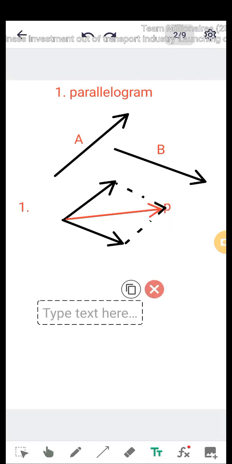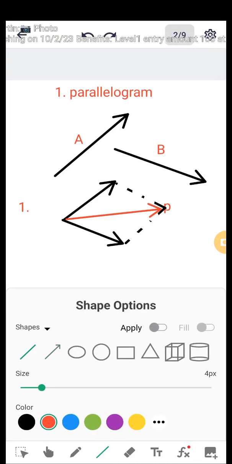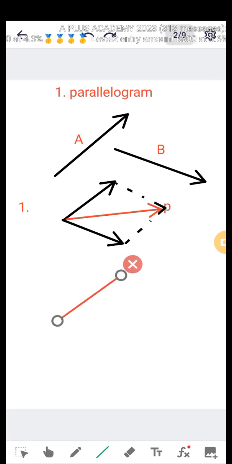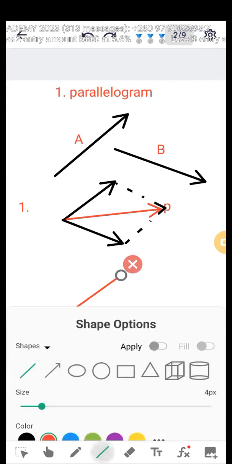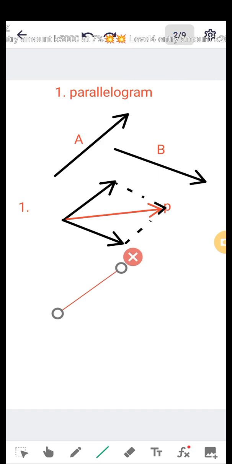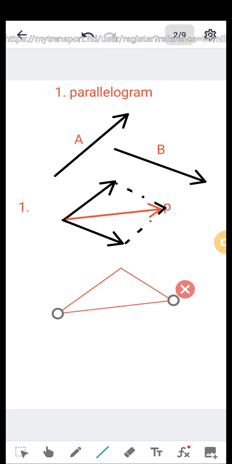The triangle is up here. In this case, let me avoid the colors. Shorten the thickness. Then we also have another one like that. So I've simply taken the triangle which is on top there.